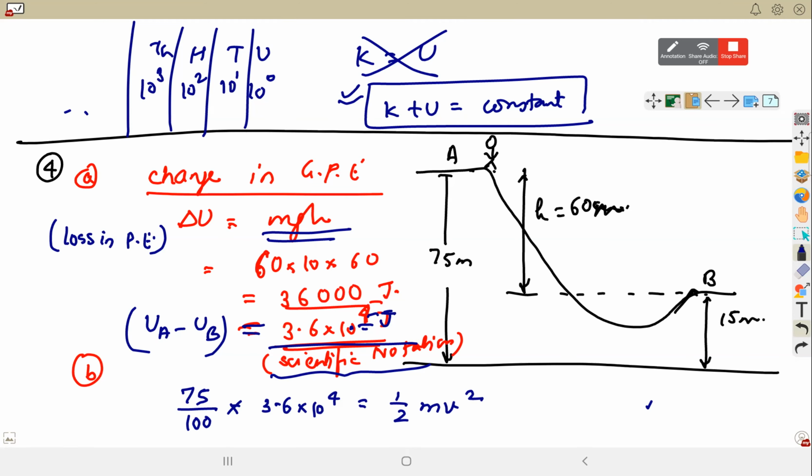Yes, Adya? Yes, sir, I'm thinking. That is the remaining 25% of energy. This 75% does not include the potential energy that it already has here.